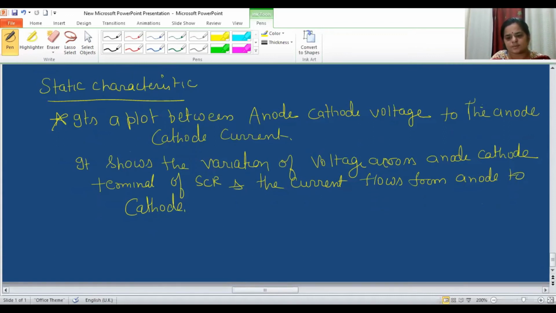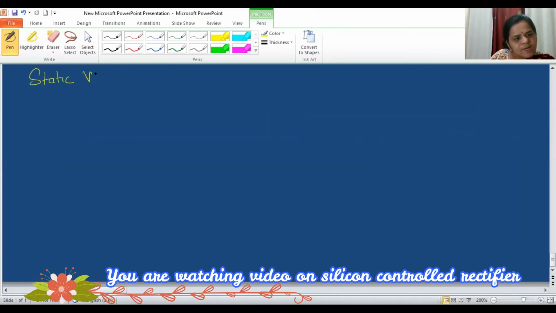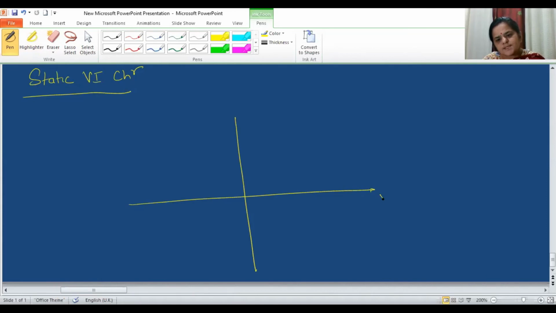So let us plot the static VI characteristic. This is VAK, this is IAK.